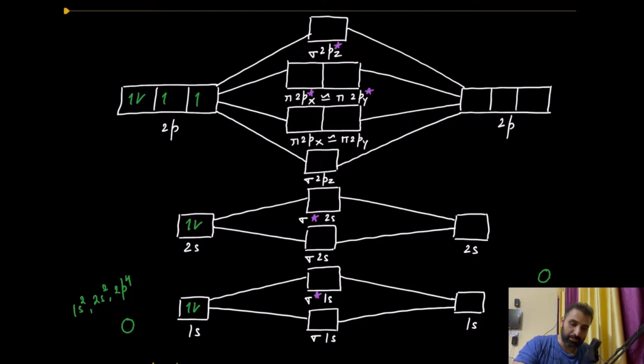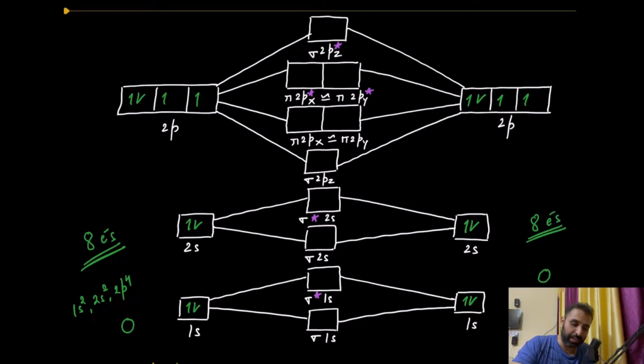Now the same goes for the second oxygen. Its configuration is the same, 1s2, 2s2 and 2p4. So let's fill the atomic orbitals of the second oxygen. That means we have 8 electrons on the left hand side and 8 electrons on the right hand side.